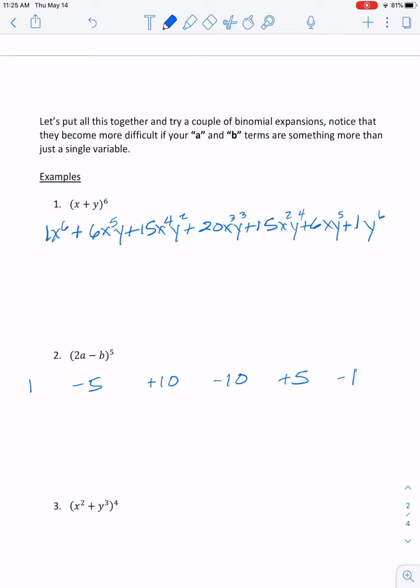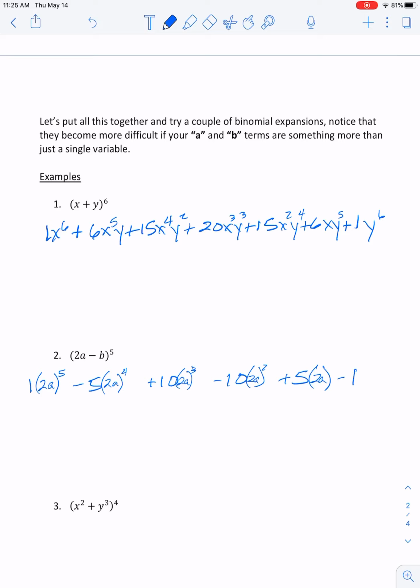We're going to have to take the 2a and raise it to the 5th power on the first term. In the second term, it's going to be 2a to the 4th, 2a cubed, 2a squared, 2a, and 2a won't be in the last term.